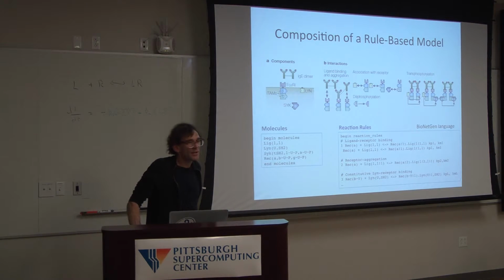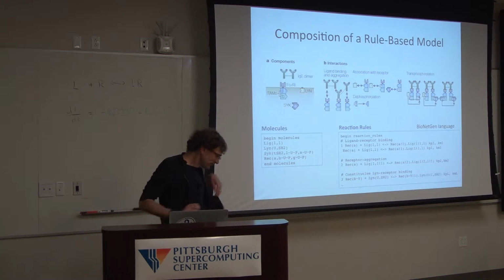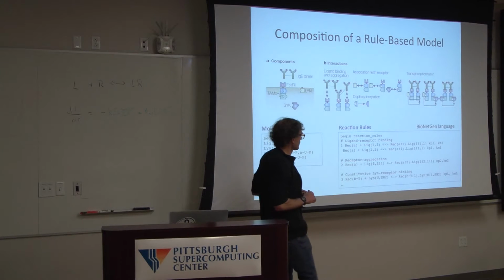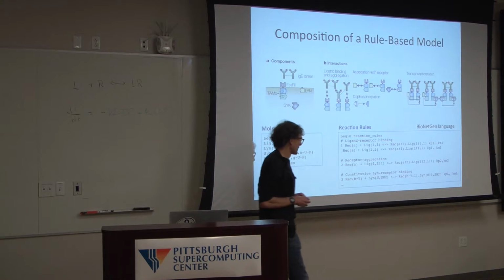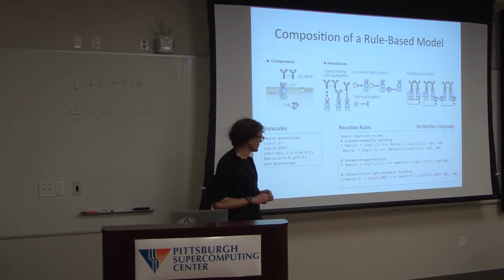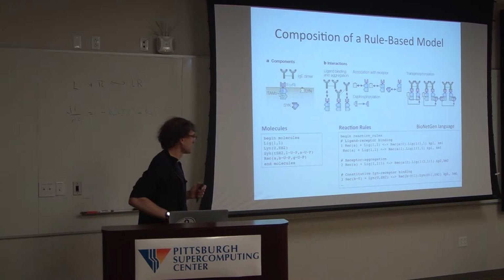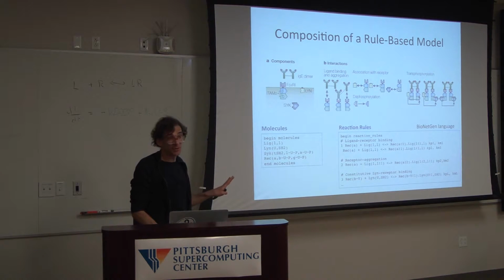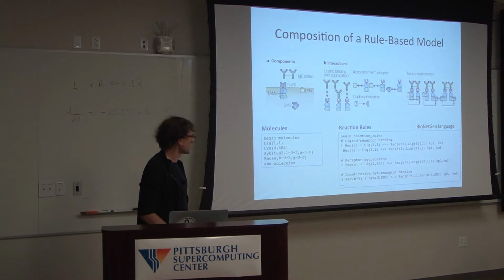Now, Hodgkin-Huxley, the one caveat about that would be that so far the rules that I've given you are described by elementary mass action. It's easy in BioNetGen to specify non-mass action kinetics. We can specify arbitrary rate law functions in BioNetGen.